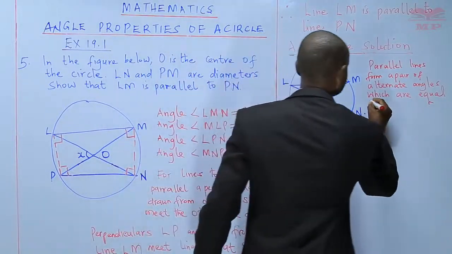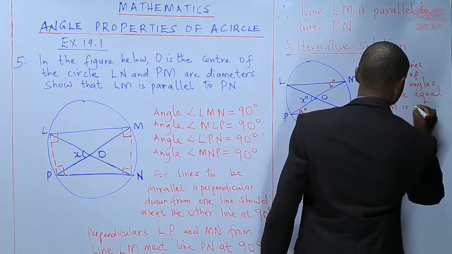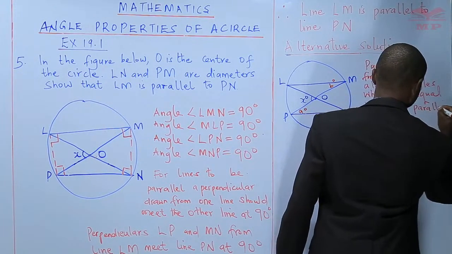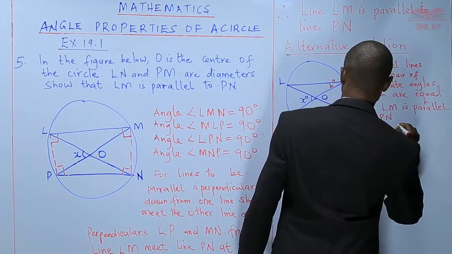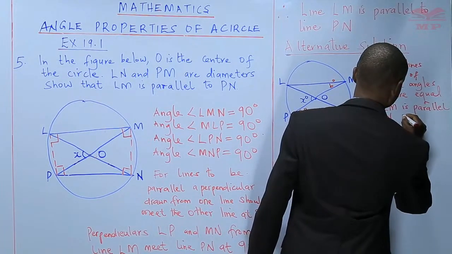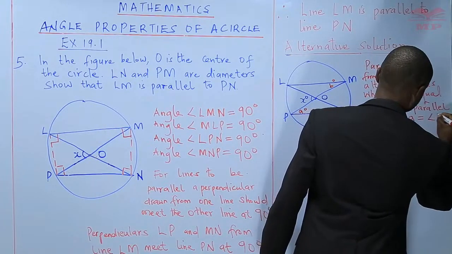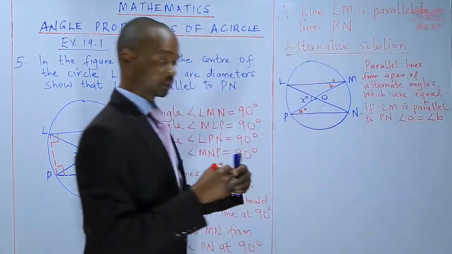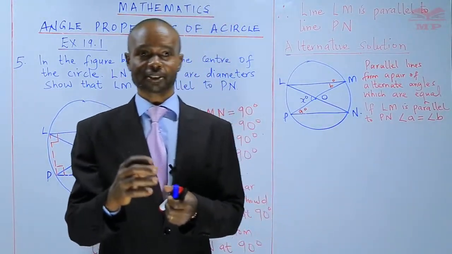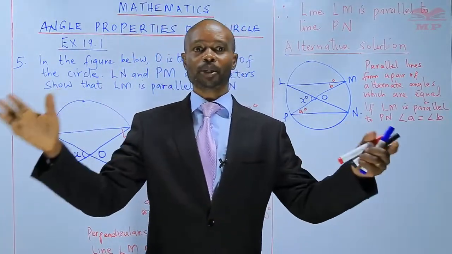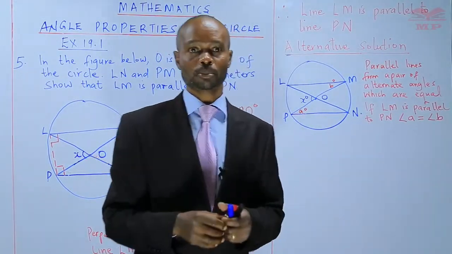If LM is parallel to PN, angle A will be equal to angle B. So I have to calculate the value of angle A and also the value of angle B, and then I compare their values. If their values are equal, the lines will be parallel.